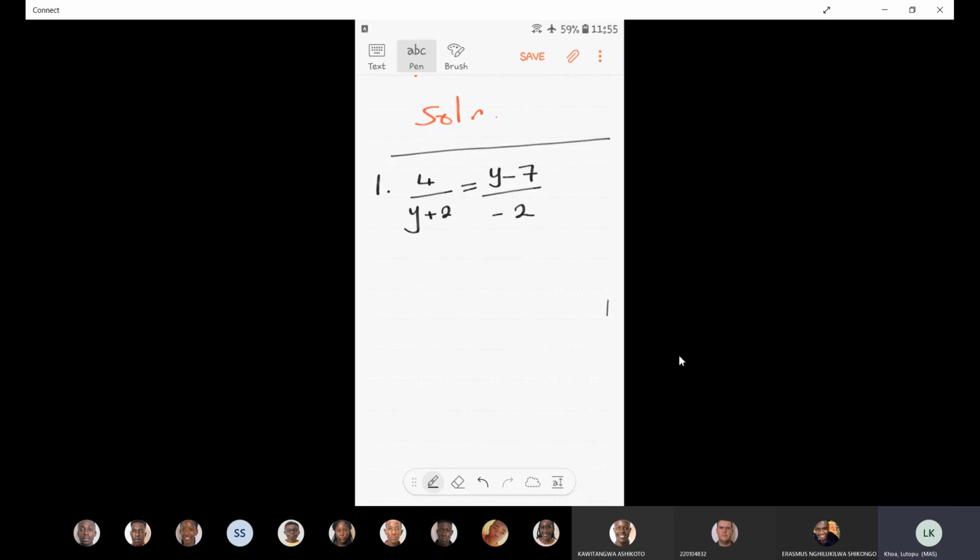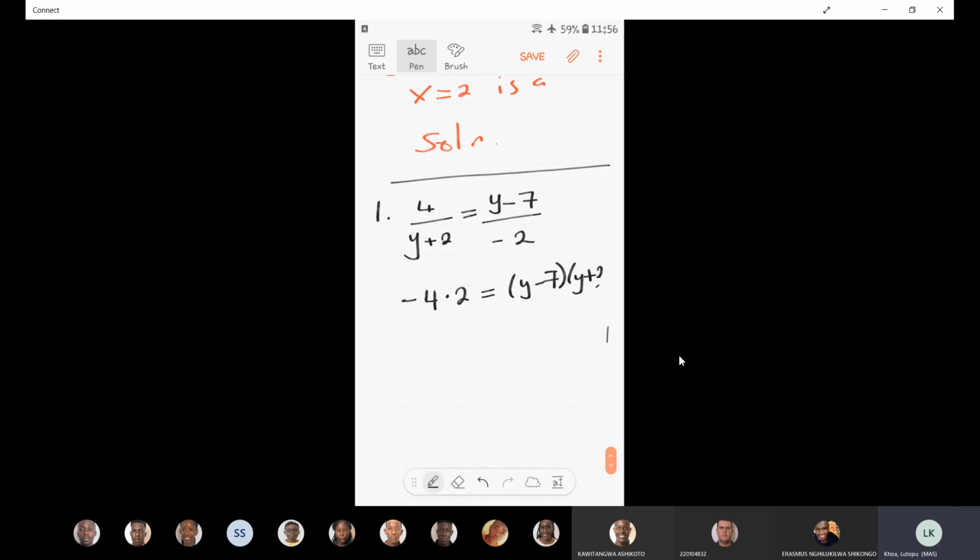So here you'll multiply out the denominators. So we'll have negative 4 times 2, or negative 2 times 4, and this is y minus 7, y plus 2, like that. Okay, then this is negative 8, then multiply out your brackets.